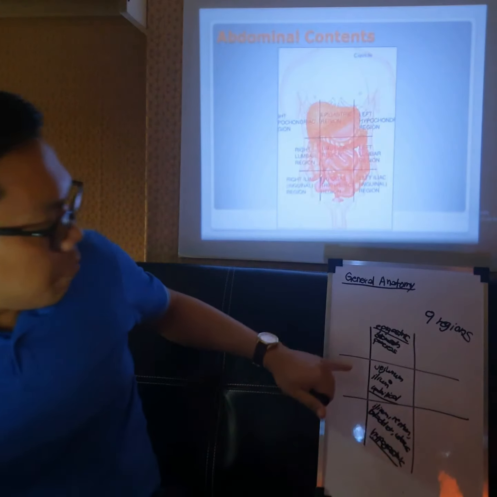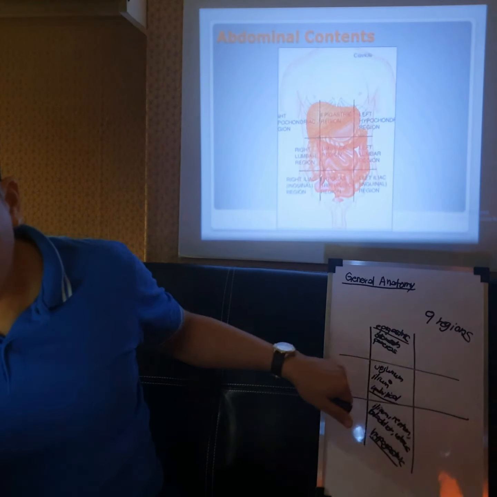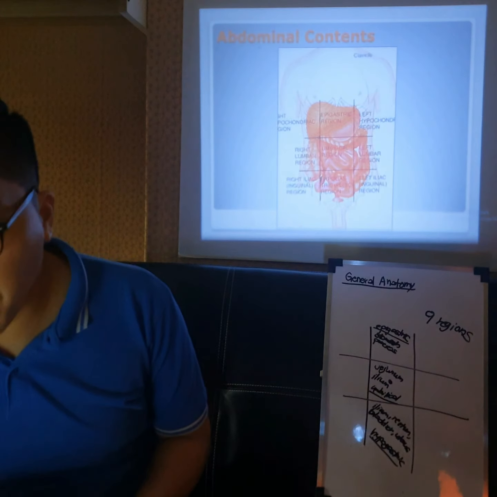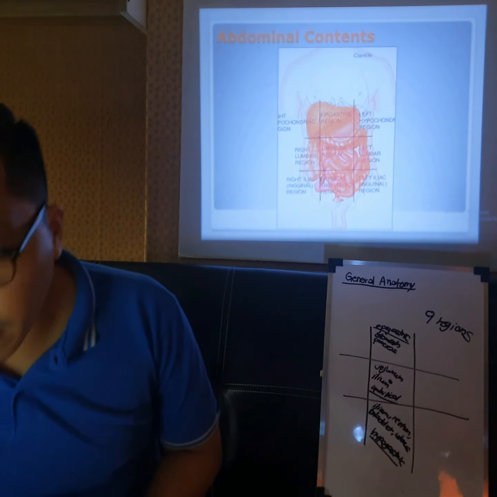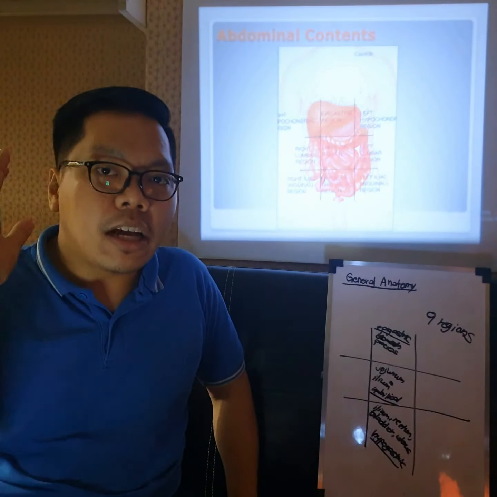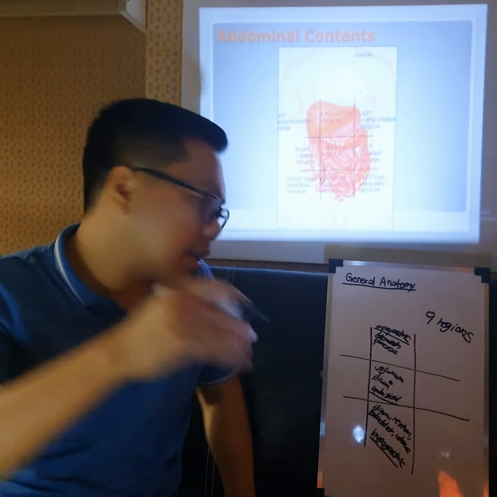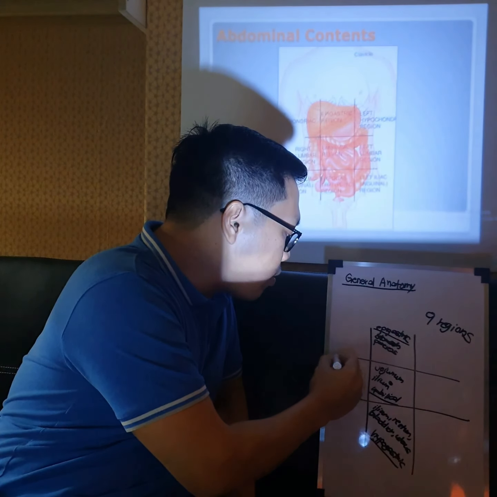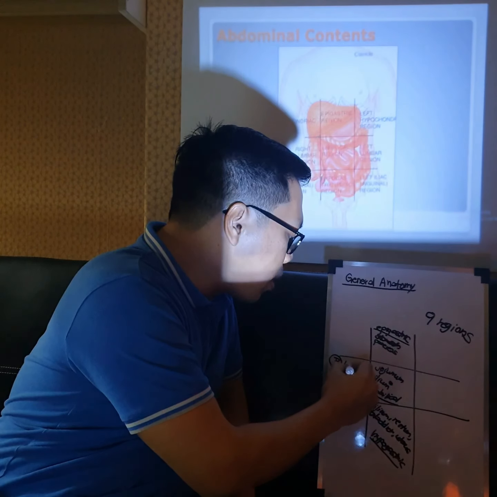Okay. Now, ano naman yung dalawang regions beside the umbilical? Beside the umbilical, we call this the lumbar region. Diba? We call that the lumbar area. That's why it's called lumbar region. And lalagyan mo lang siya ng kung saan mo siya makikita. So, pare silang lumbar region, but this is right lumbar.